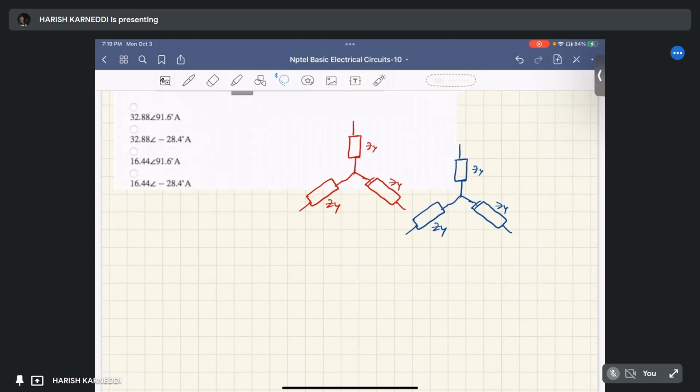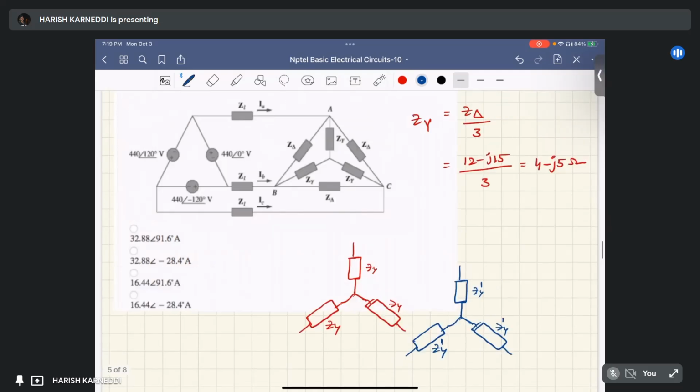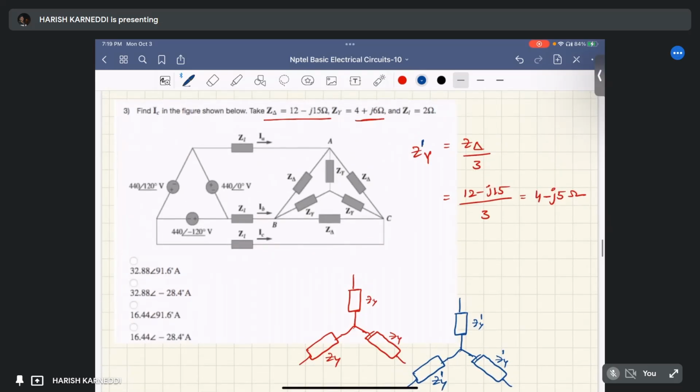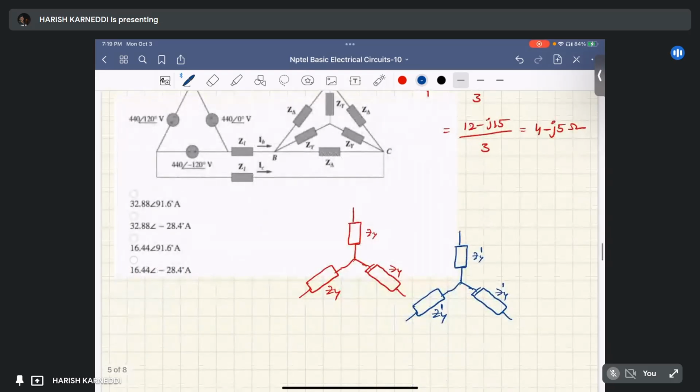This one is Z1, let us suppose. It means we converted this as a Z1. It means this Z5 and Z5 dash are connected in parallel, right? Why?